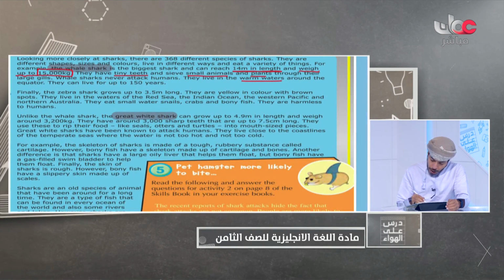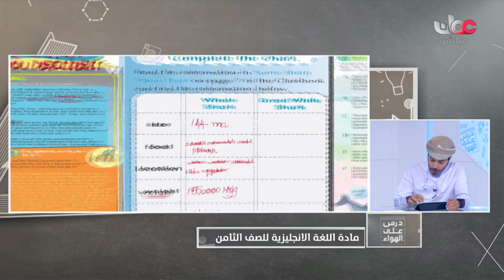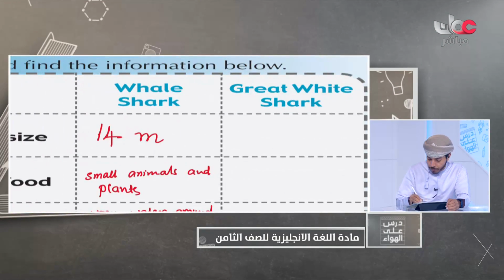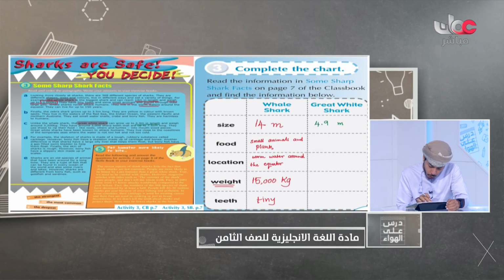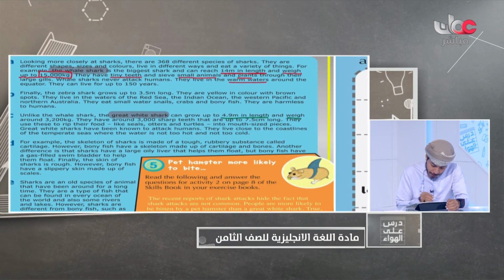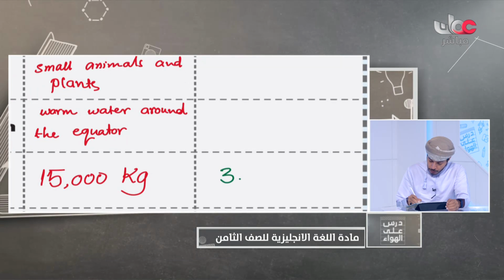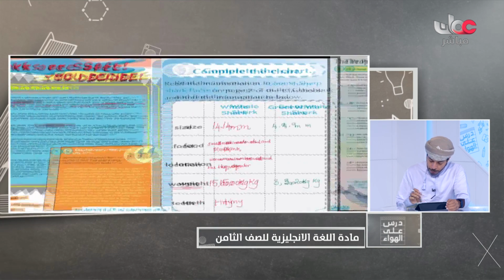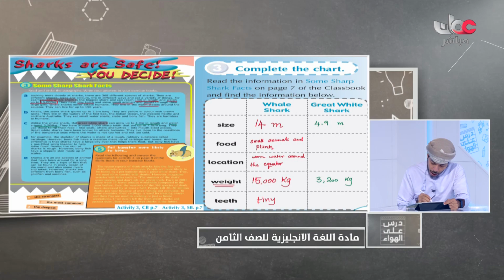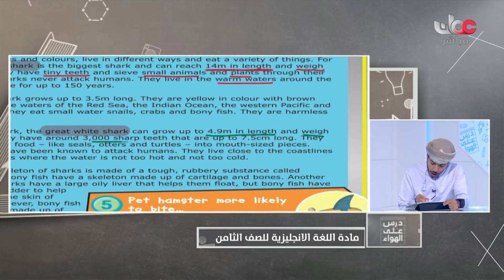Good. So here it can grow up to 4.9 meters in length. So this is the size, 4.9. And also it weighs around 3,200 kilogram. So here, 3,200 kilogram, and also they have around 3,000 sharp teeth.